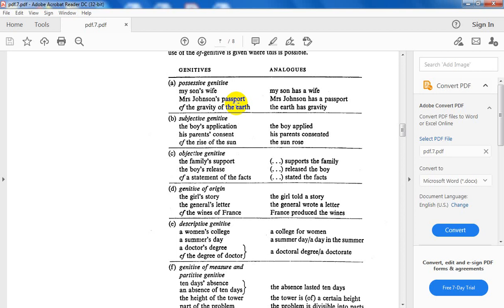Inanimate, non-personal. If you look, I do not use the S genitive here. I use the of genitive.